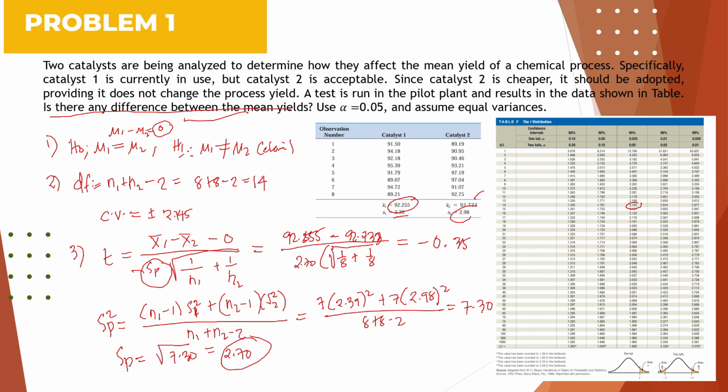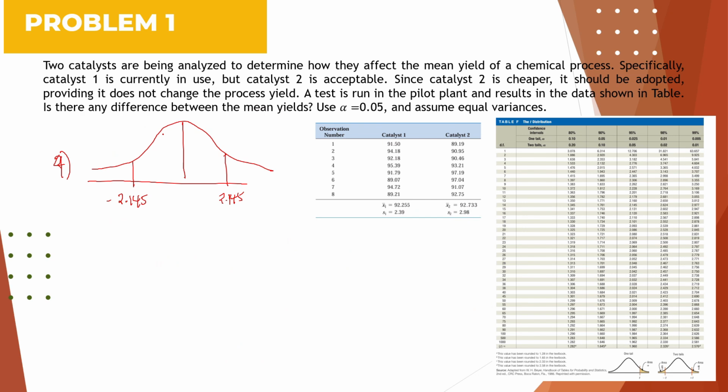The t value is negative 0.305. So we did not reject the null hypothesis here, but our claim is our H1. There's not enough evidence to support the claim. What is the claim here? The claim is that catalyst 2 results in a mean yield that differs from the mean yield when catalyst 1 is used.